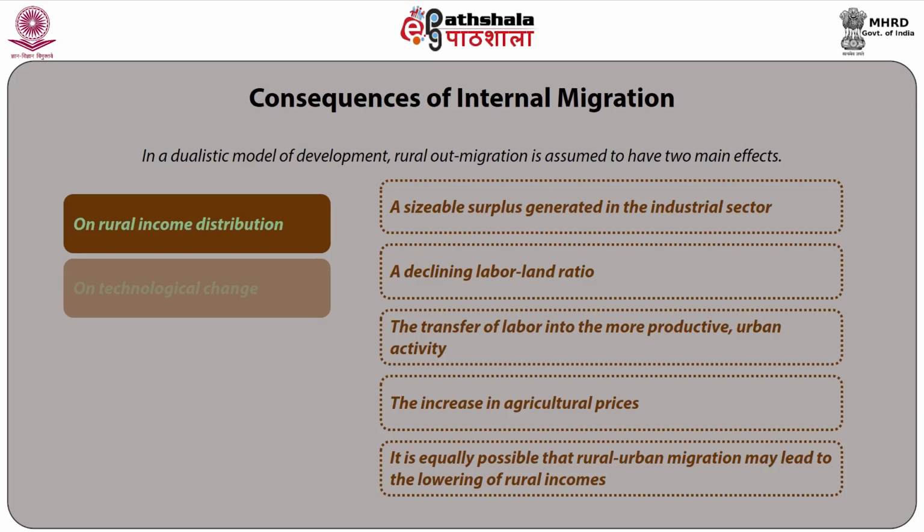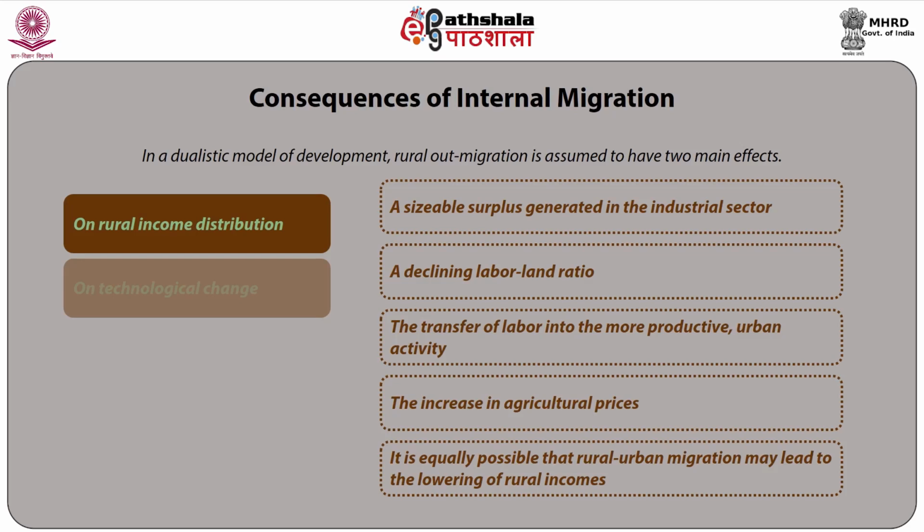In addition, the transfer of labor into the more productive urban activity eventually generates a growing demand for rural output and thus alters the rural-urban terms of trade, raising agricultural prices relative to those of urban goods.